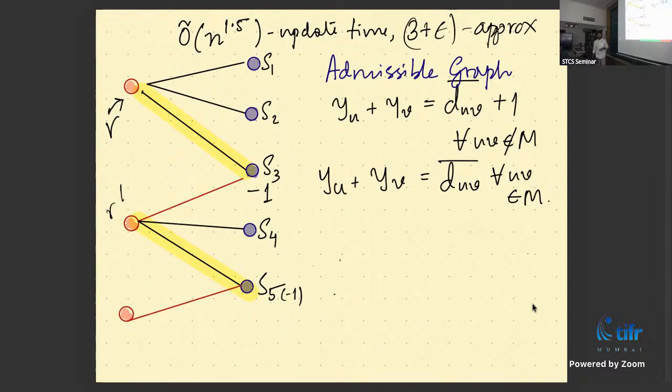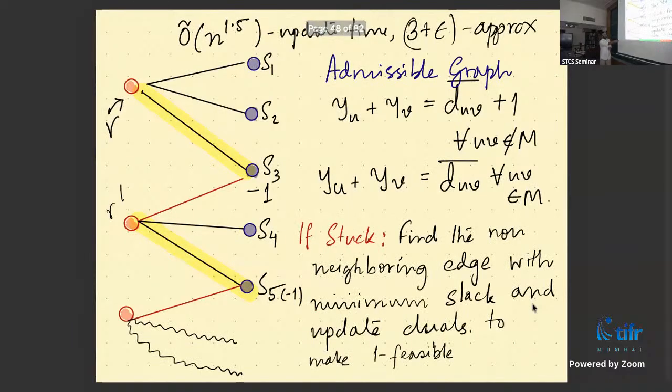Now suppose I am at a point where what Abhishek was saying happens: there are a bunch of edges, but none of them are admissible. And remember, I cannot do a push until I have an admissible edge. So it's at this time that we do something known as a relabel operation.